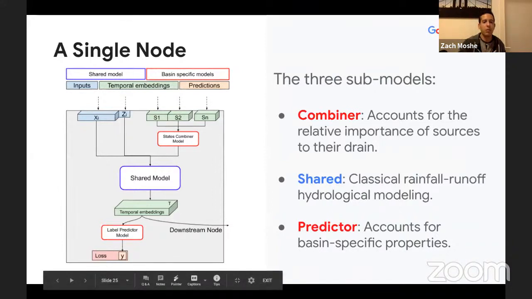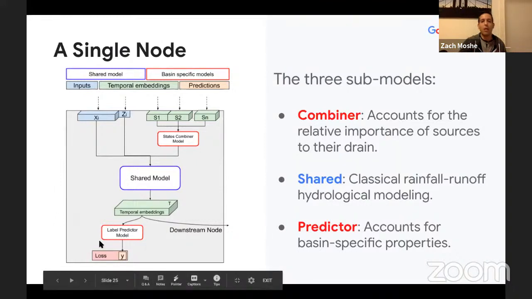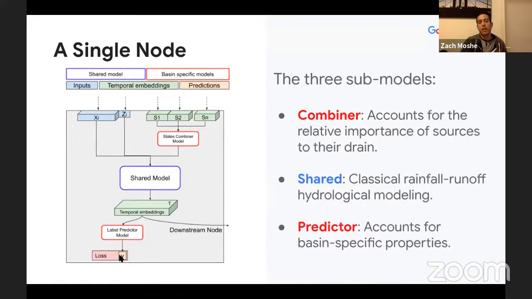This is the node, and what it has to predict is the label for this basin. We normally train with water level as label, but it could also be discharge.